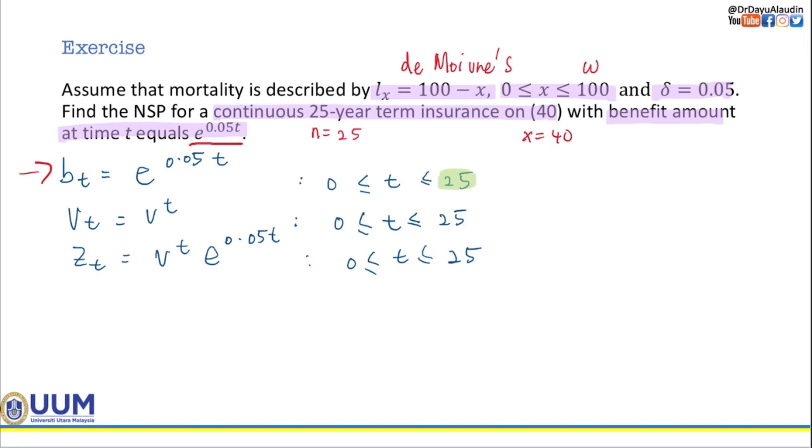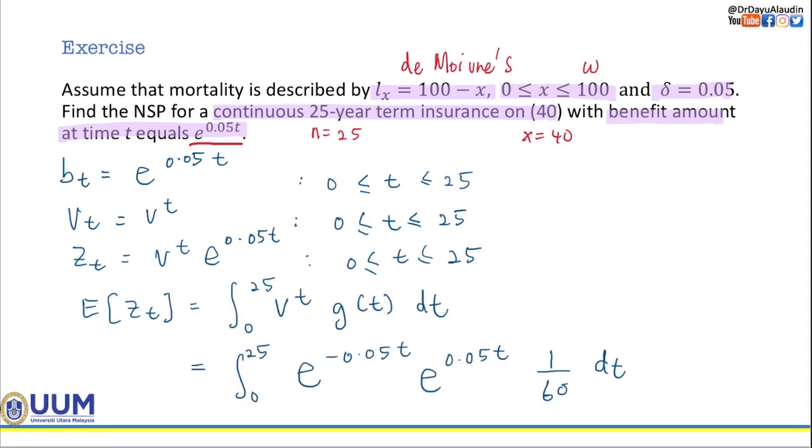If the death happens after 25 years, the benefit will not be given. This is the discount function, and the zt is vt times e^(0.05t).